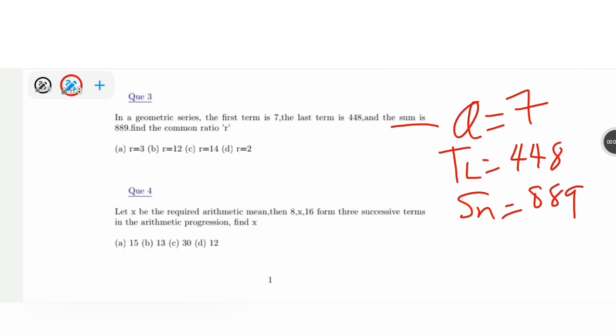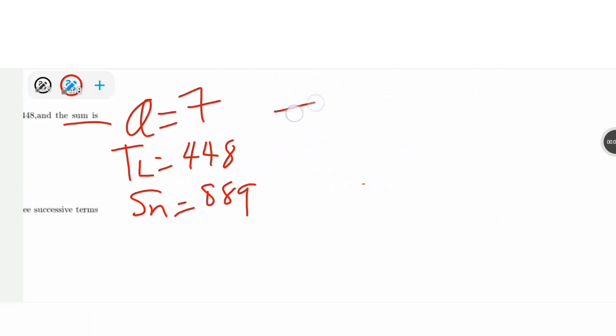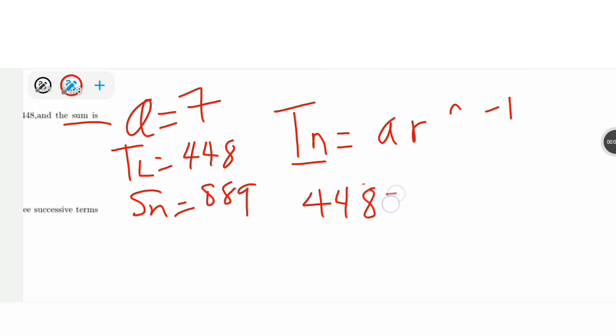So use the general formula for a GP. That is Tn equals a r^(n-1). So Tn is 448. From the question, the first term is 7, you times it by the common ratio, which is not known, raised to n minus 1.